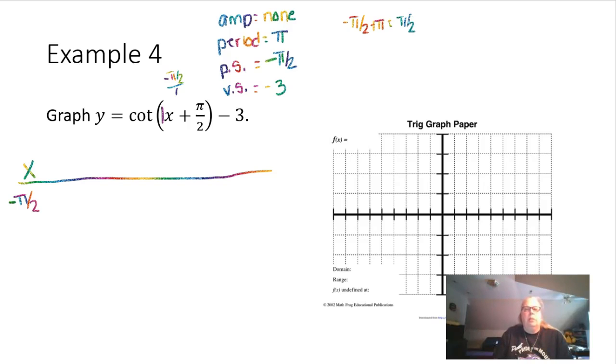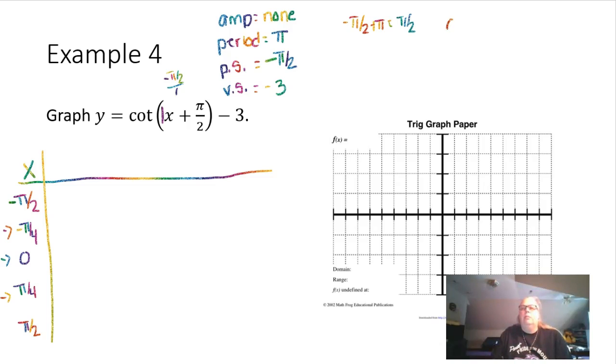So we're going to stop at positive pi over 2 to draw one period. Halfway in between, this is going to be 0. Halfway in between here, this is going to be negative pi over 4. And halfway in between here is going to be positive pi over 4.